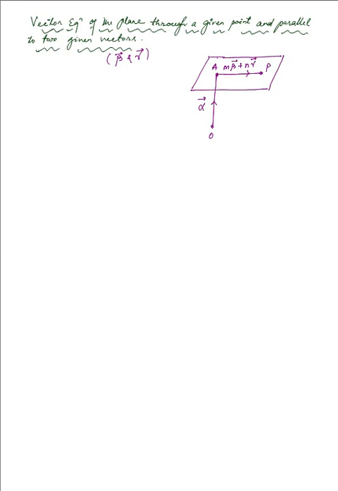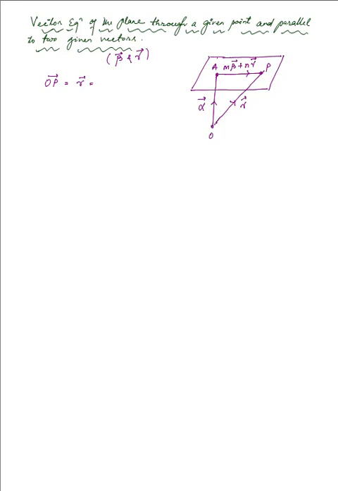So now we only need to find the position vector of the point P, which is involved in all of this, like we have been doing. So this is the r vector, that is the OP vector, which is simply equal to the sum of the OA vector plus the AP vector as per the triangle law.